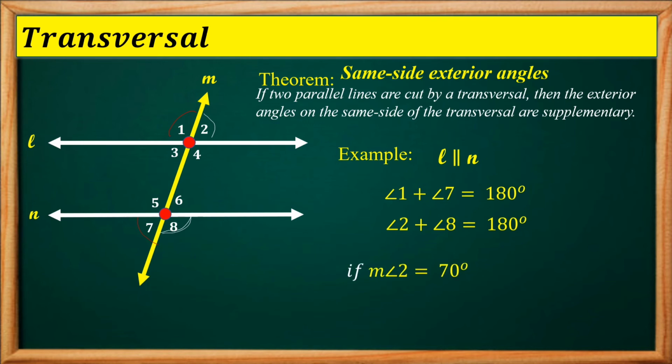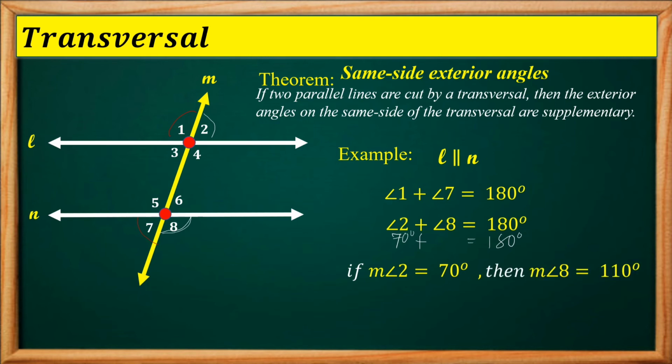For example, if angle 2 is 70 degrees, what would be the measure of angle 8 to get 180?